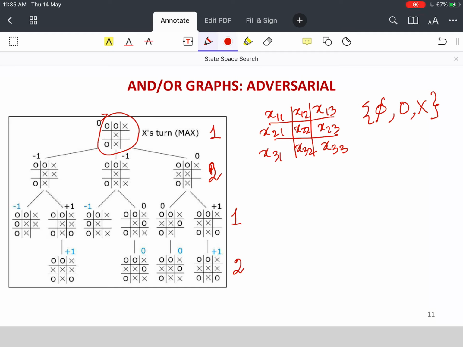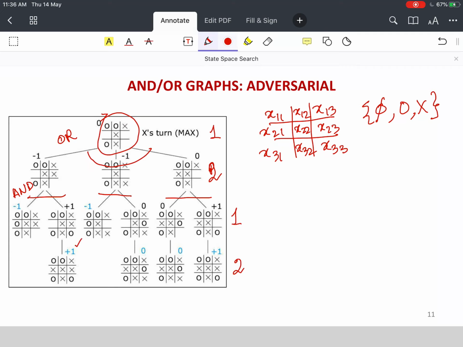So based on that you create the implicit state space, and in this implicit state space we notice that this is an OR node. On the other hand, when player 2 plays, then player 1 has got no chance to control what player 2 will do. So this and this are all AND nodes.